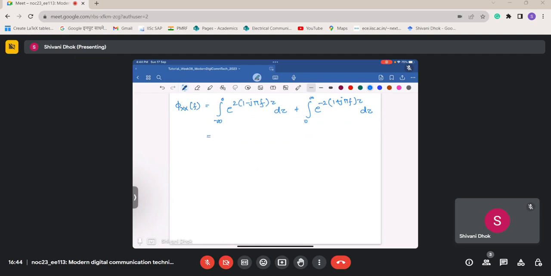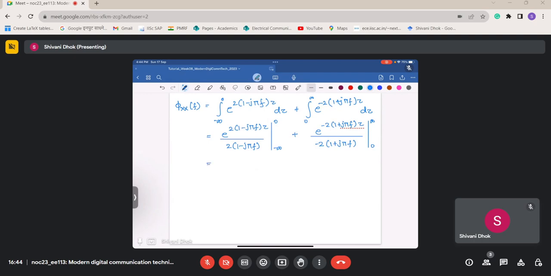So the first integral will be e power 2(1 minus j pi f) tau divided by 2(1 minus j pi f), and this has to be evaluated from minus infinity to 0, plus the second integral gives e power minus (1 plus j pi f) tau divided by minus 2(1 plus j pi f), and this has to be evaluated from 0 to infinity.